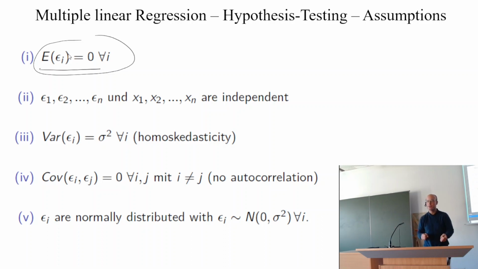And what we now assume is that every single error is associated with one variable x1, x2, x3, and so on, and that all these single errors are independent from the other ones. So all errors are independent, and we also specified our model in a proper way so that the independent variables which we feed into our model are also independent.